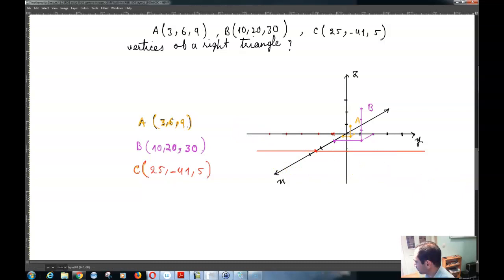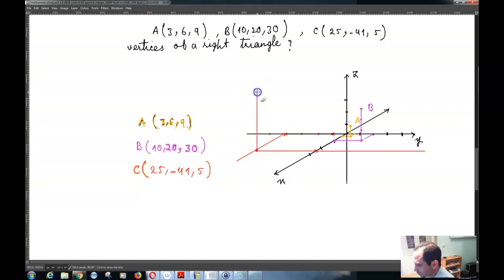Now 1, 2, 3, 4, so negative 41 would be this point over here, and if I draw a line parallel to the x-axis from this point, the two lines will intersect at this point, and then this point would be 25, negative 41.